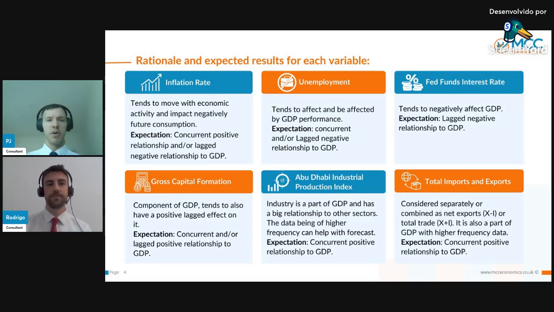And for unemployment, because we're talking about the UAE, I wasn't sure whether it would be as strong as some of the other economies like America and the United Kingdom in terms of the relationship between the data for unemployment and the data for GDP.